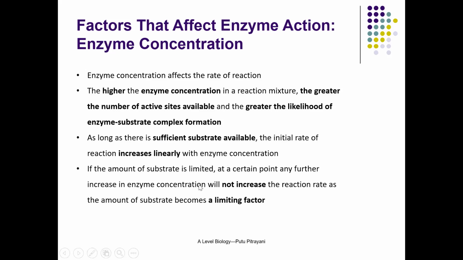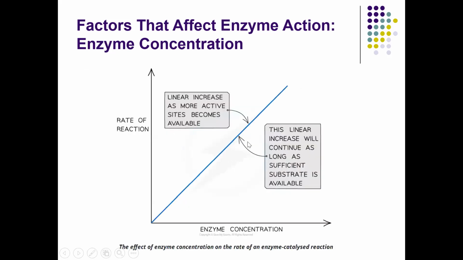But if the amount of the substrate is limited, at a certain point the activity of the enzyme will slow down and then become constant, because the amount of the substrate becomes the limiting factor. This kind of curve is applicable if there is no limitation of the substrate, meaning the substrate is continuously available in the solution.